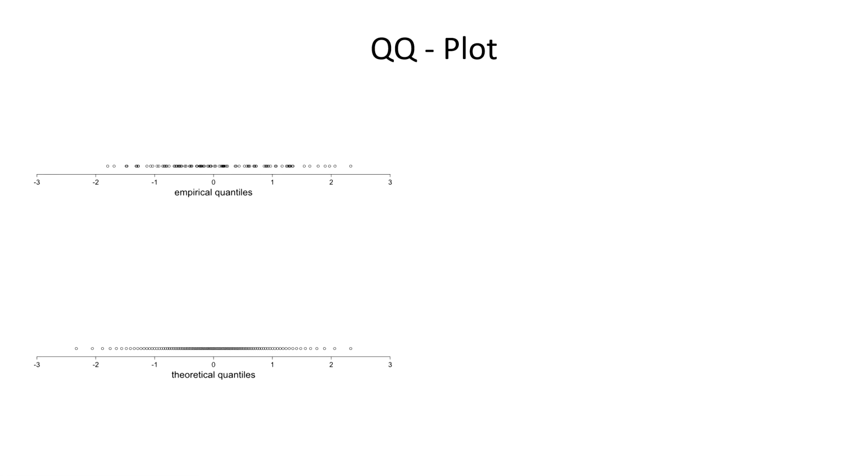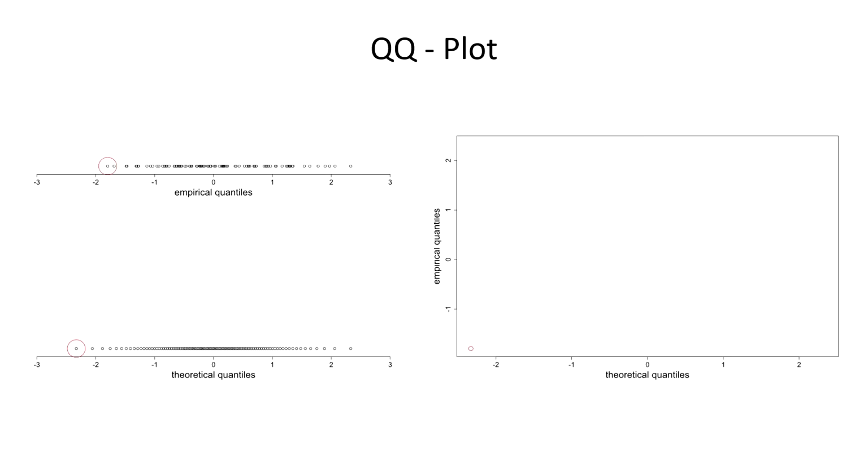To obtain the QQ plot, which is short for quantile-quantile plot, we plot the empirical quantiles against the theoretical quantiles. We can start by plotting the 1% empirical quantile against the 1% theoretical quantile, do the same for the 2% quantile, and continue to do this up until the 100% quantile.